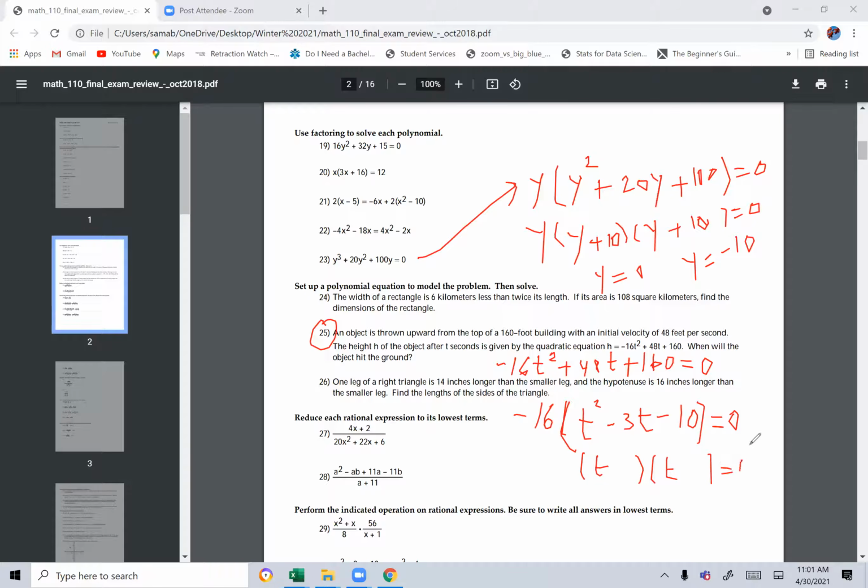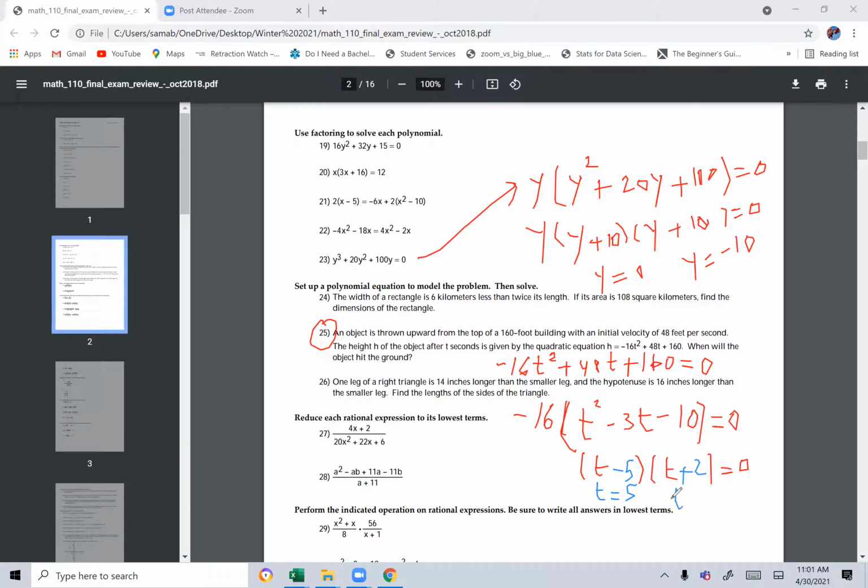equal to 0. And ask yourself the question, the magic question. What are the two numbers? If I multiply them, I get negative 10. And if I add them, I get negative 3. So do you guys agree there must be negative 5 and what? Positive 2. So if you solve this one, you get t equals 5.